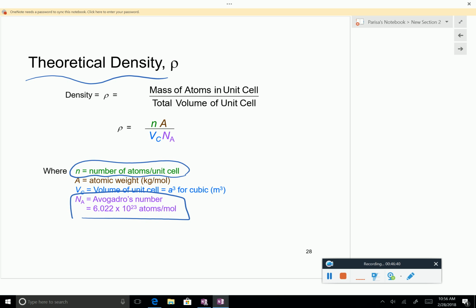And you know the relationship between A and R because you know the physical structure. There are questions like this in your homework, so it's important.